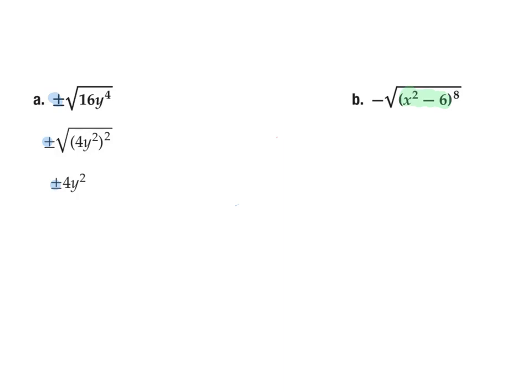So I'm taking the square root of something to the 8th power. What number squared will give me something to the 8th power? Because the square root and the squaring are going to cancel out.